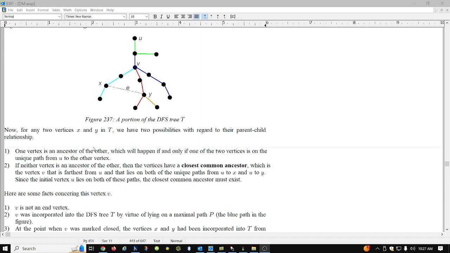V was incorporated into the depth first search tree like all vertices, because it lies on a maximal path. So in this case, it was the blue path. After we added the green path to the tree, we backed up to here and we added the blue path. And that's when we picked up V.